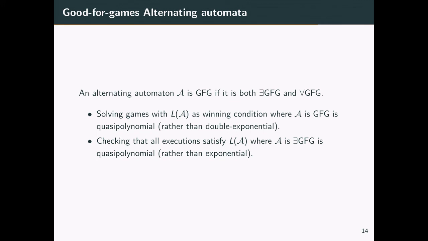Furthermore, even half good for gameness can be useful, namely checking that all executions of a system satisfy a language described by an alternating automaton where the non-determinism is good for games is also quasi-polynomial rather than exponential in the general case.